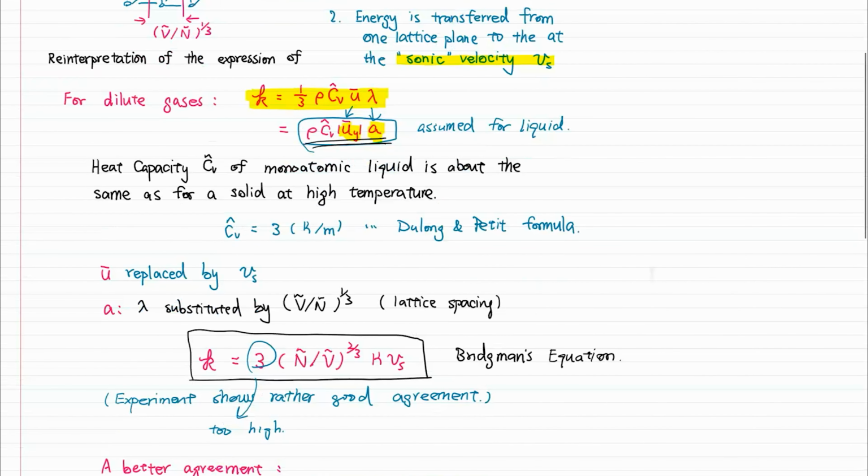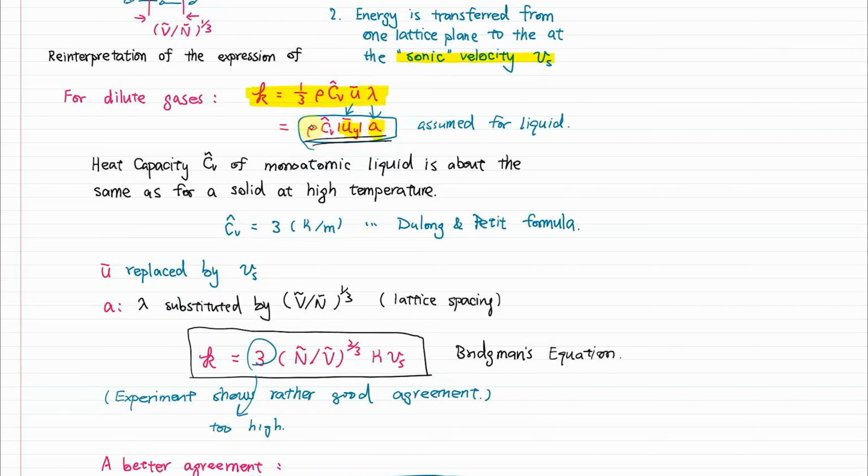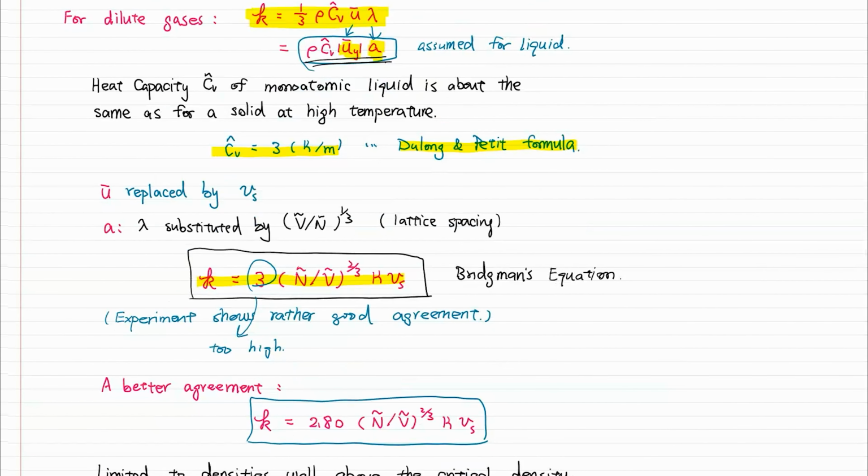Also using the Dulong and Petit formula for the constant volume heat capacity of the liquid, finally we get to Bridgman's equation, except that it overestimates the coefficient. So in reality, 2.8 as our coefficient would be closer to reality.